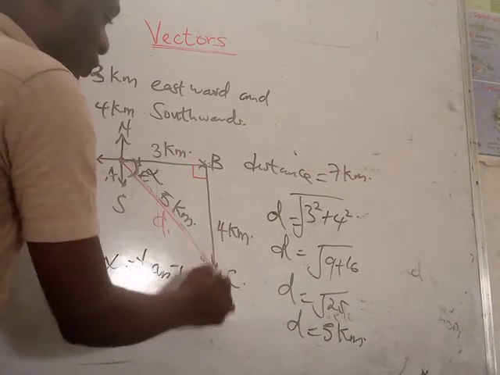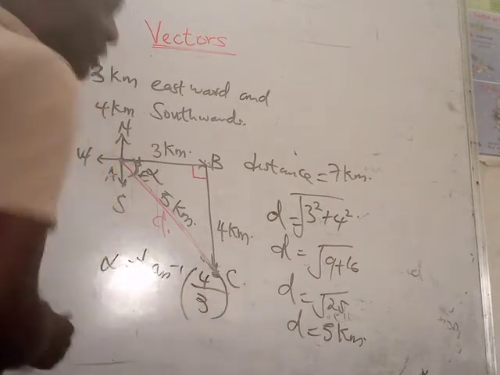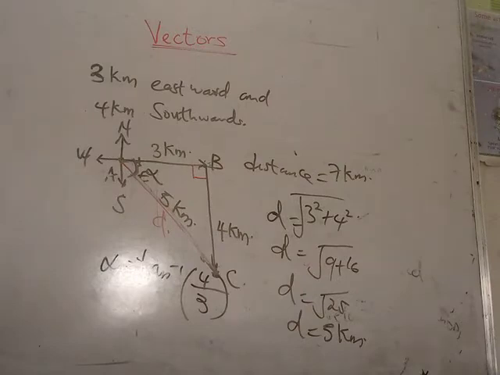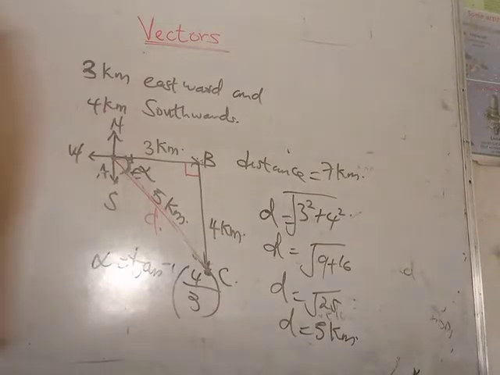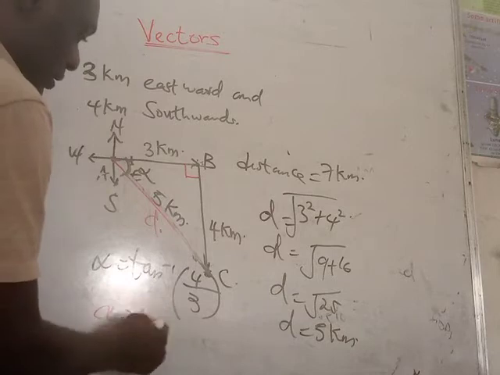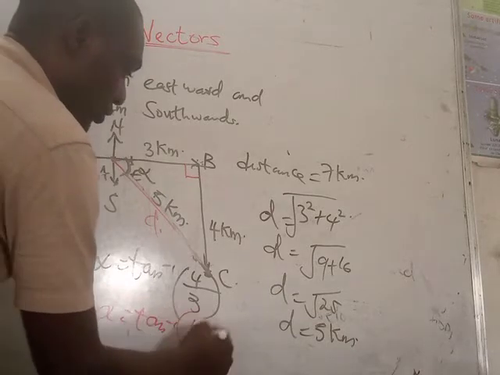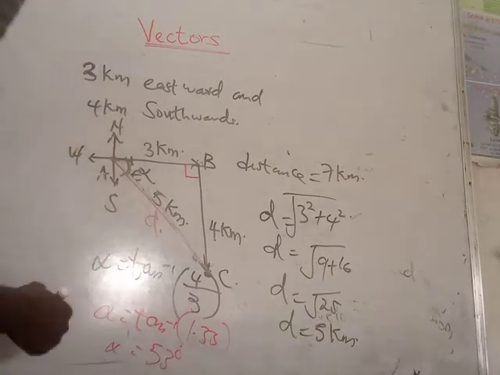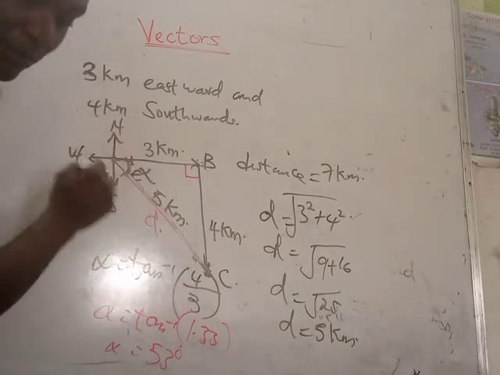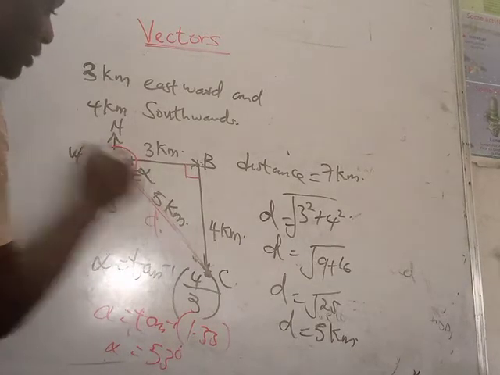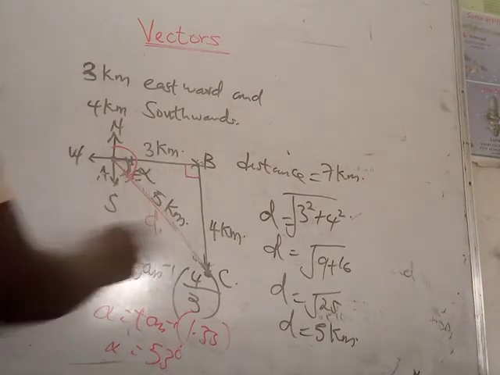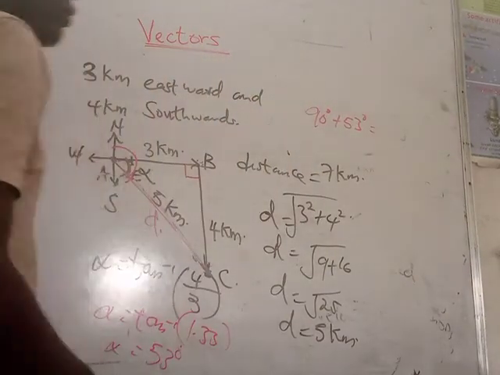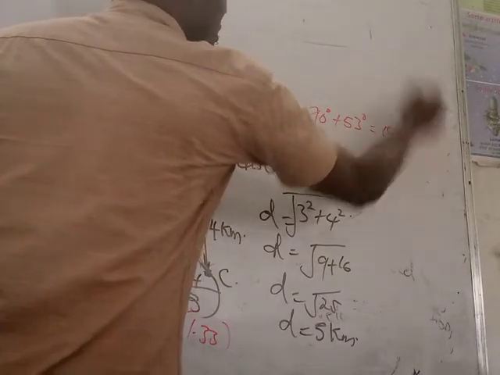So its opposite is 4 divided by 3, and when you divide, this is going to give us arctan 1.33, and this is approximately 53 degrees. So this angle is 53 degrees. His bearing is going to be the angle from here to this point. So his bearing is actually 90 degrees plus 53 degrees, which is going to give us 143 degrees.